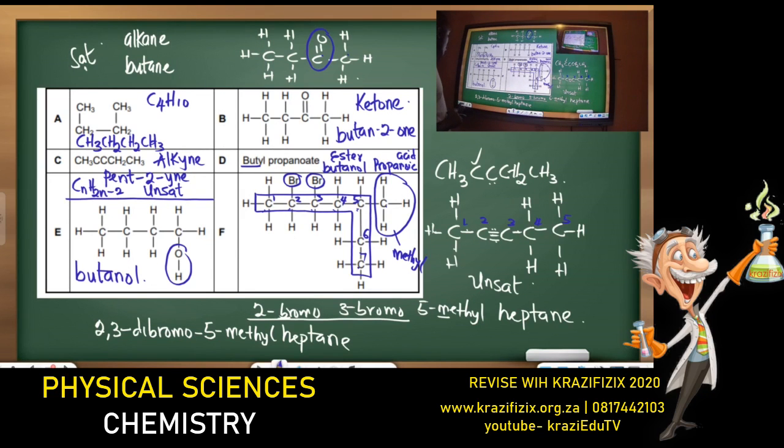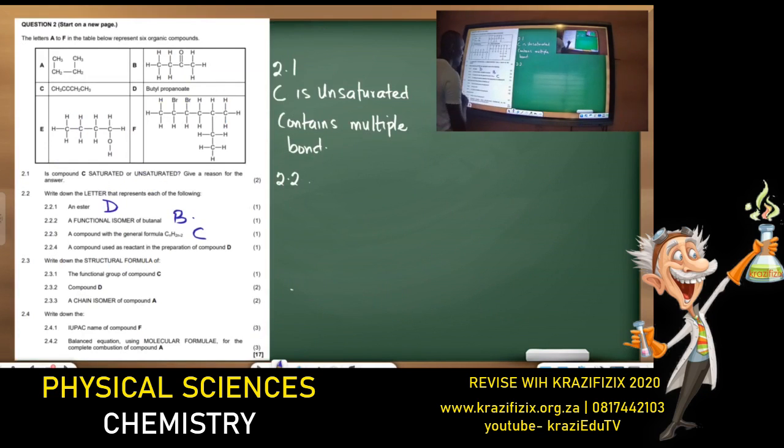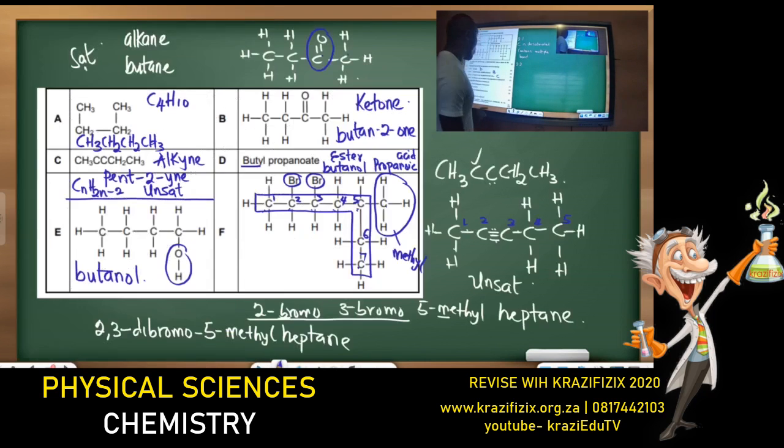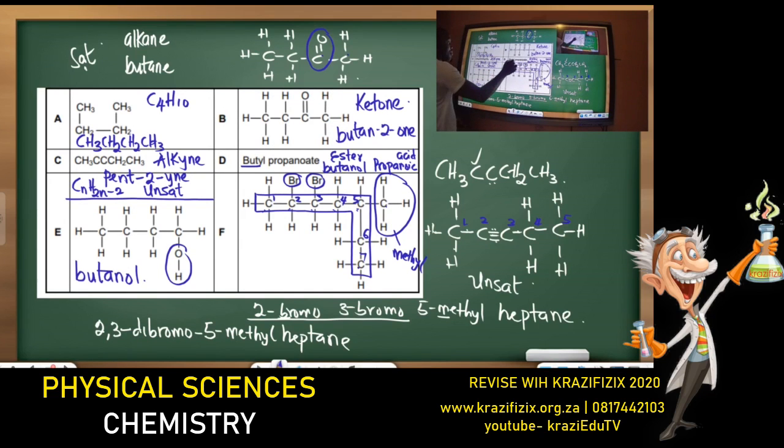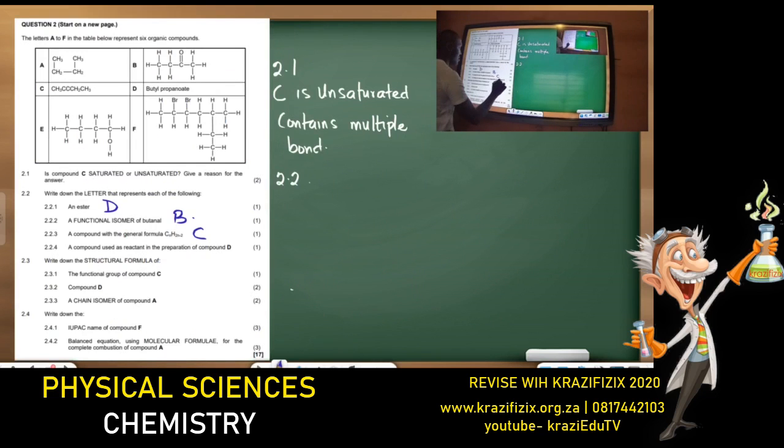C. Alkyne. Do you see that I've answered all of this? A compound used as reactant in the preparation of D. Let's go check. What is D? D is an ester, and what do we need? We need butanol and propanoic acid. Oh, is there a butanol? Oh yeah, butanol. So my correct option is what? E.